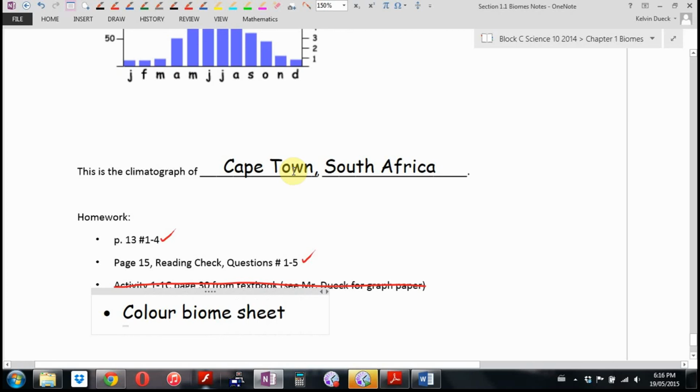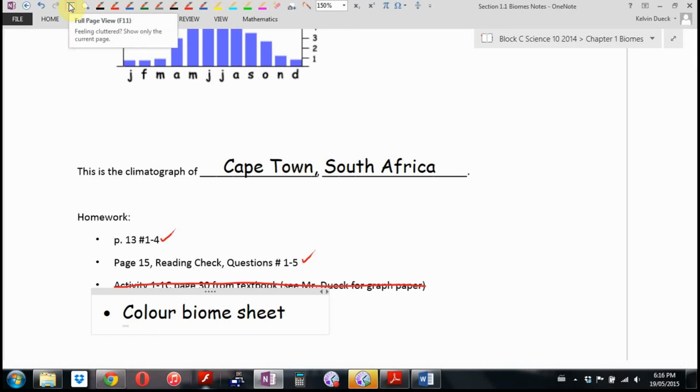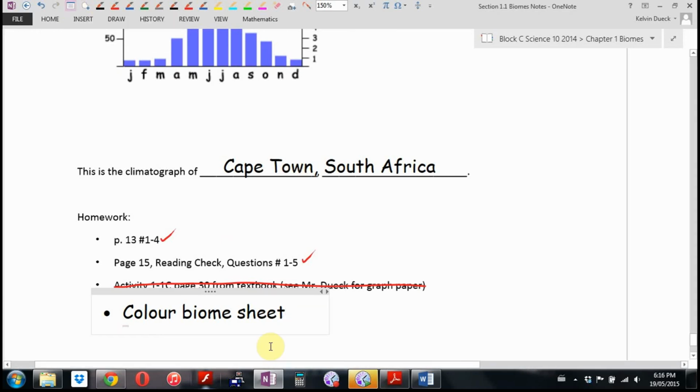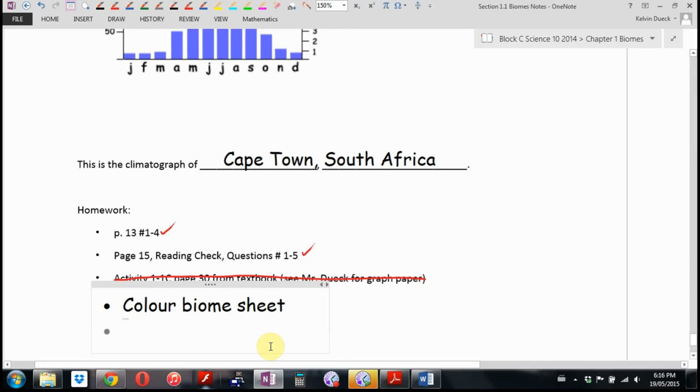I have pencil crayons on a cart. You can borrow those as long as you return them, or you can color this at home if you want to do it really nice. This is a sheet you're going to have to bring into the test. Oh, and by the way, please, for the plate tectonics test, don't forget your purple sheet that has all the transform boundary, all the plate boundaries, all the plates, all the continental plates on it. And study for test.